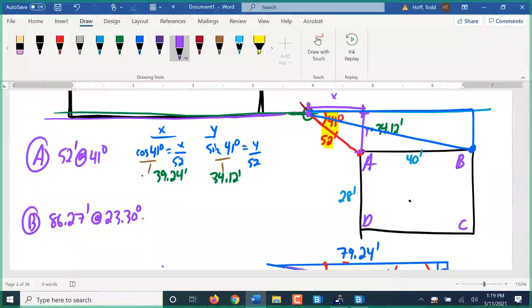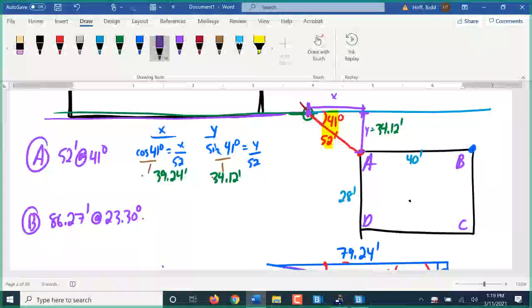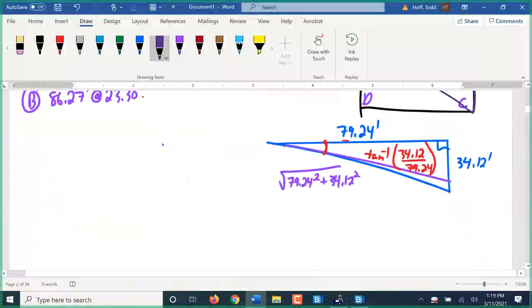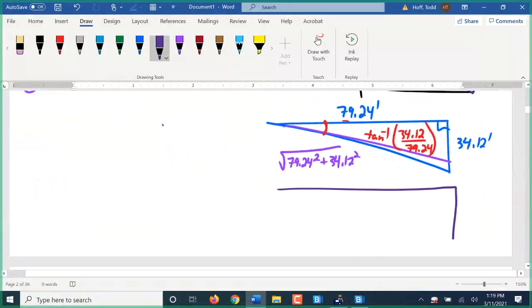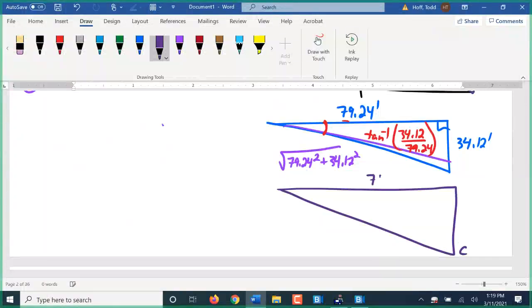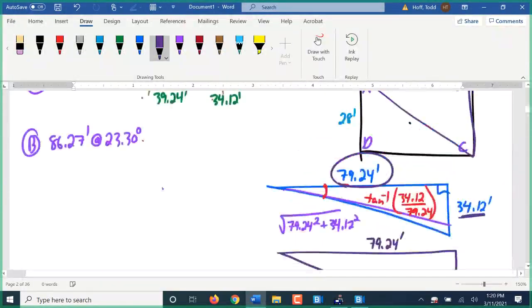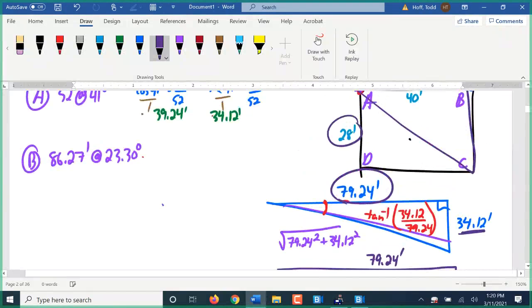Next, we would find the angle, side C here, like that. Now for this one, we need to add on to both sides. This is still going to be the 79.24, same as what it was up here. Over here, it's going to be the 34.12 plus the 28-foot width of the garage.